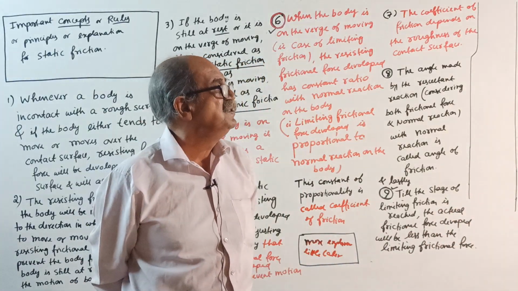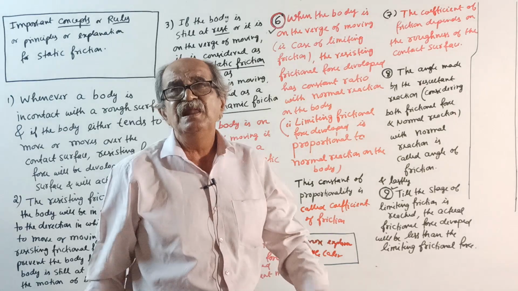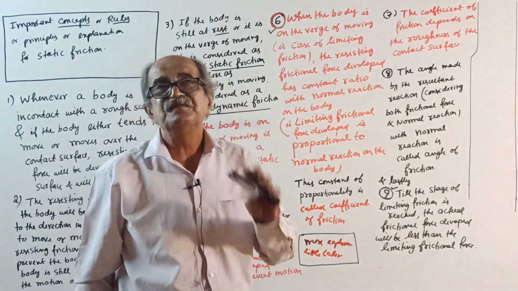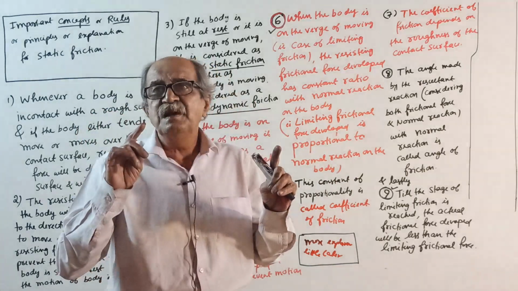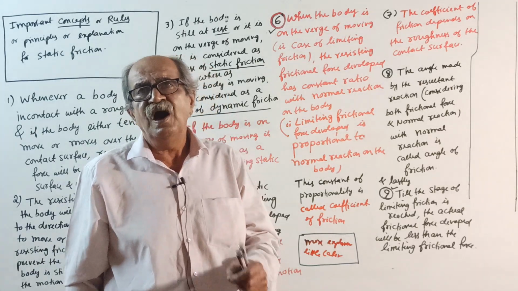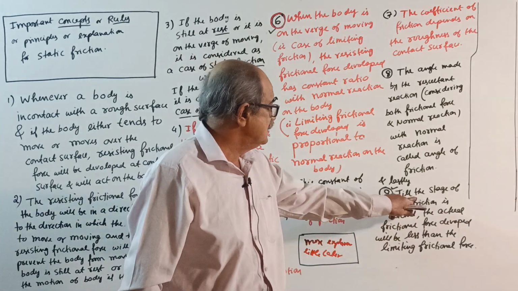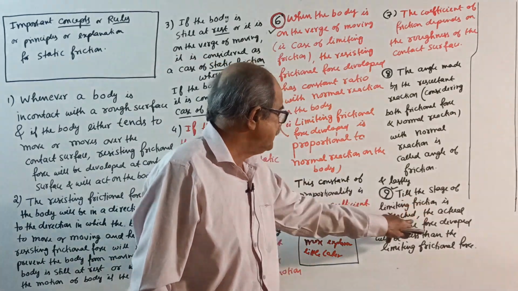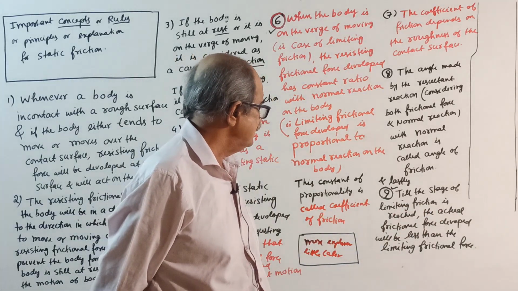You have 1000 rupees with you. Till the bill reaches 1000 rupees, the money paid by you is always less than 1000 rupees. Similarly, till the stage of limiting friction is reached, the actual frictional force developed will be less than the limiting frictional force.